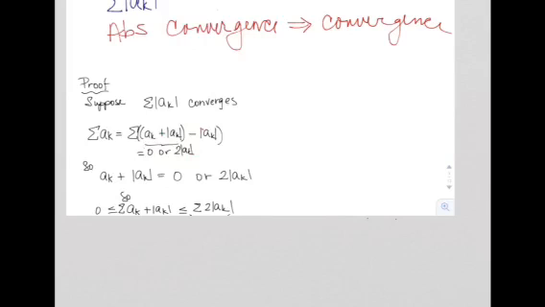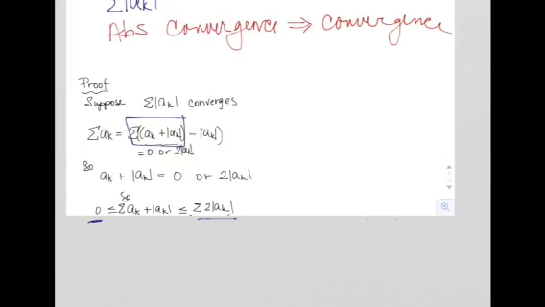So that implies that this thing right here is between 0 and 2 times the absolute value of a sub k. So the sum of a sub k plus the absolute value of a sub k is less than or equal to the sum of 2 times the absolute value of a sub k.